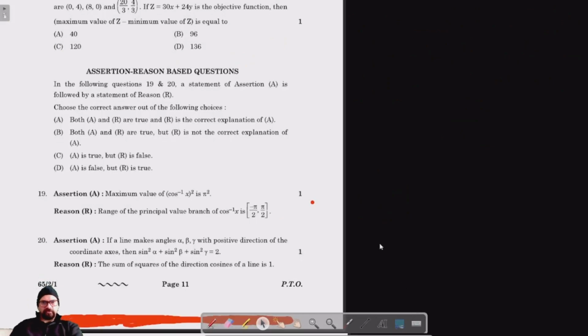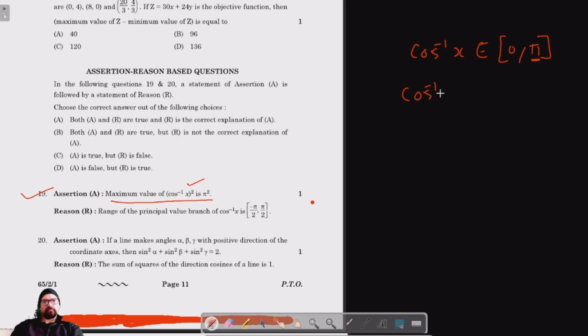For assertion and reasoning based questions, these are questions 19 and 20. The assertion for question number 19 is that the maximum value of cos inverse x is pi squared. Now we know that cos inverse x has the principal range between 0 and pi, and pi is the maximum value.